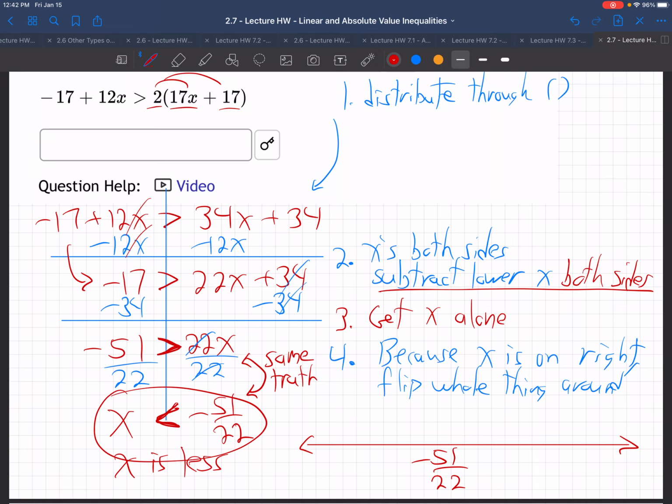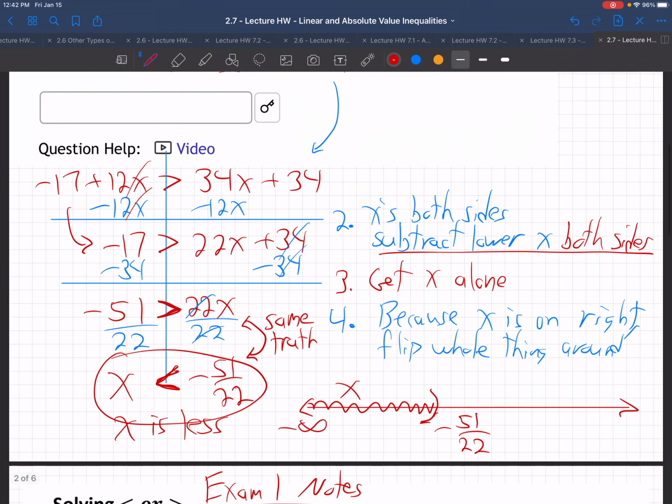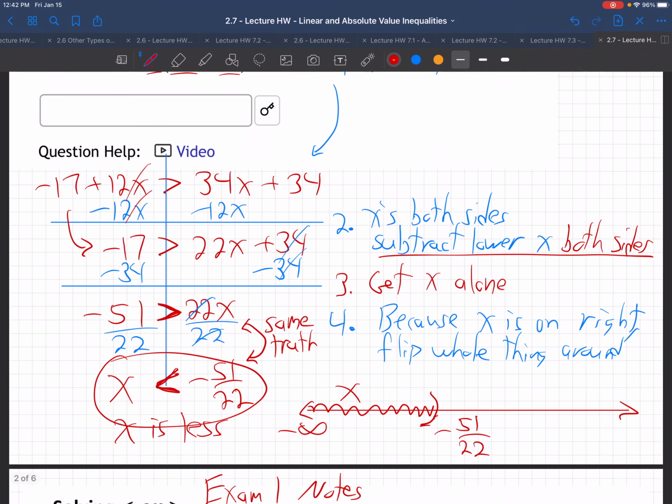Same thing says, yeah, it's less. So that means it's going to go this way. X is on the left. It's less. X is to the left. So that goes all the way down to negative infinity, doesn't it? Do you see that? So it's from negative 51/22 left forever.